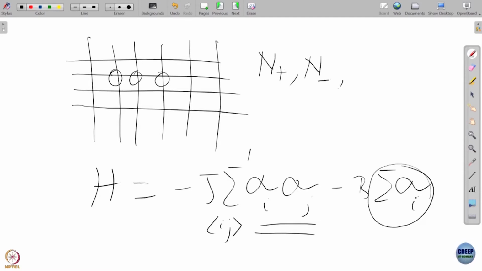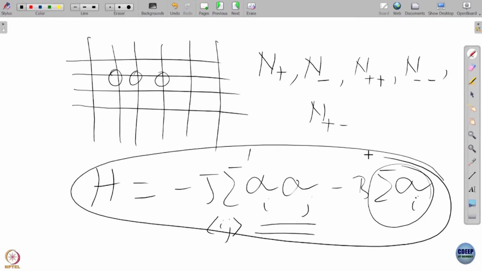I have number of nearest neighbors which are up, because that comes naturally here, n plus plus. Then I have number of spins which are down parallel. Then I have which are plus and minus, one parallel, one anti-parallel. That means in this Hamiltonian, I have 5 variables.